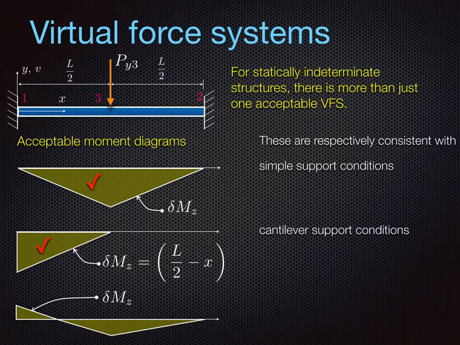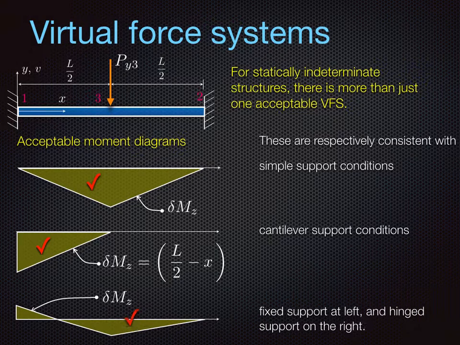But also we could consider even a statically indeterminate virtual force system. For example, the one at the very bottom corresponds to a version of the system that you're seeing above that is fixed on the left-hand side and simply supported on the right-hand side.